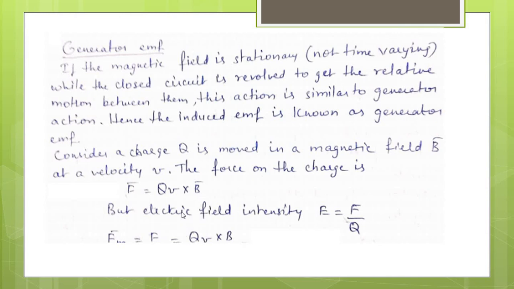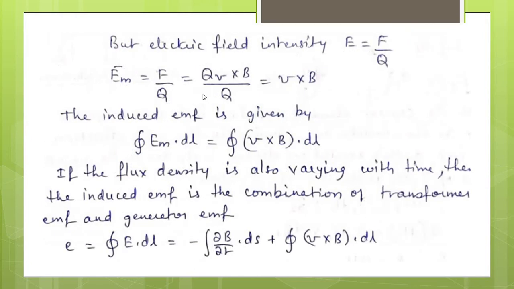But the relationship between the electric field intensity and the force is given as E is equal to F divided by Q. So in place of F, we can substitute QV cross B. Therefore E_m is equal to QV cross B divided by Q. Cancelling Q and Q, E_m is equal to V cross B.